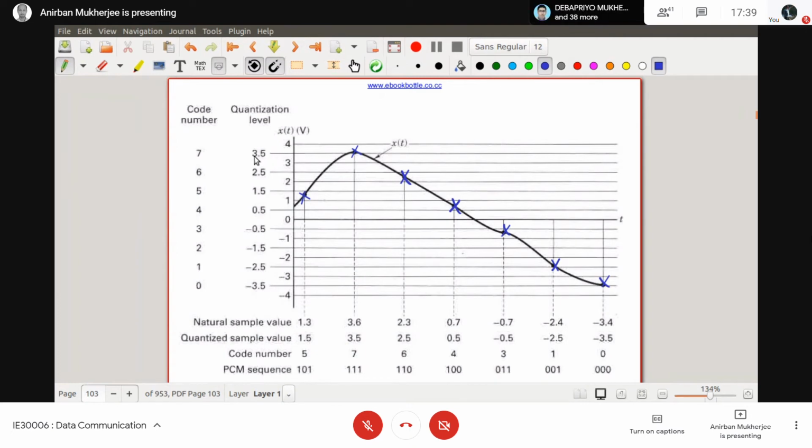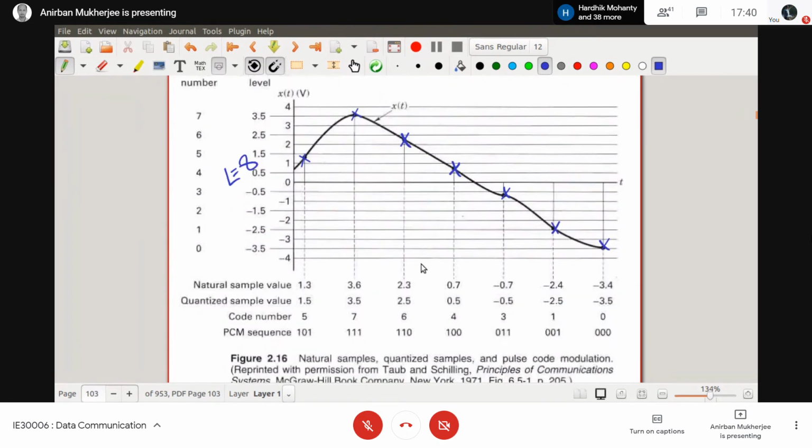That means L equal to 8. Say code numbers 0 to 7. Now the 1.5 level is the first one; what I have sampled, I will just move to this position.